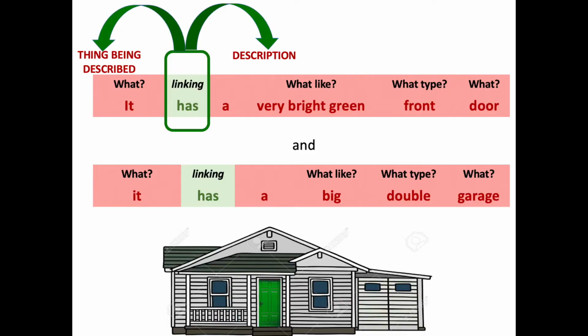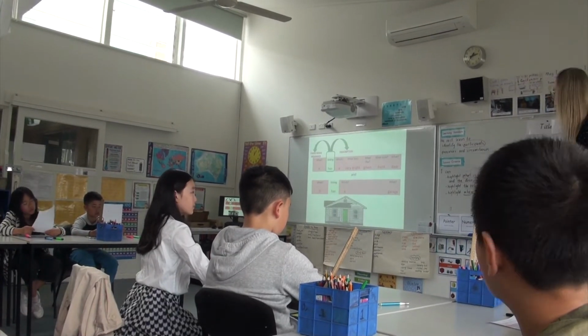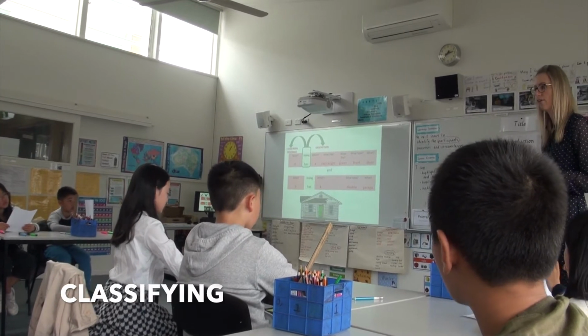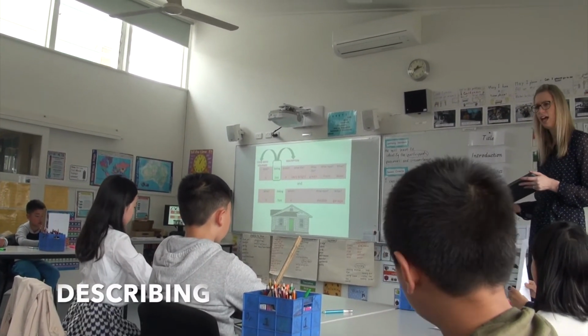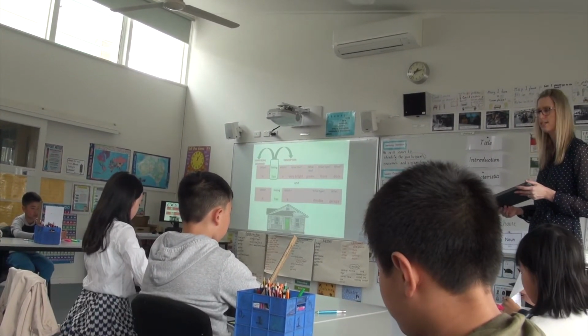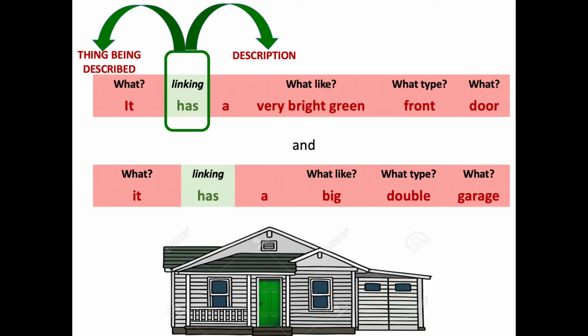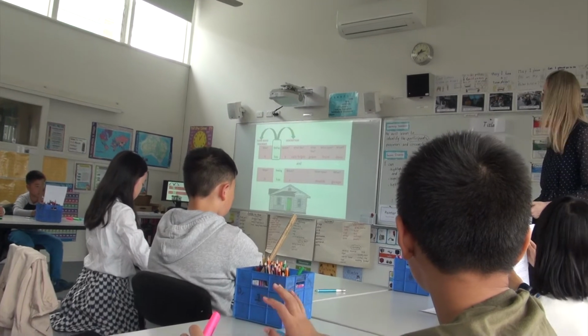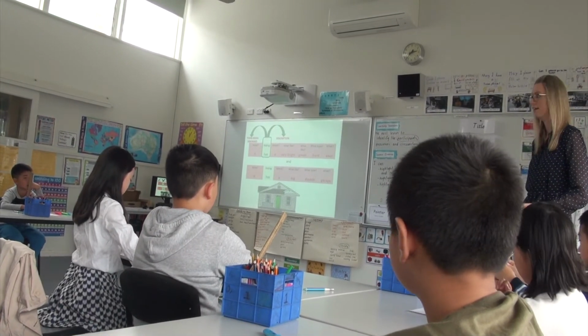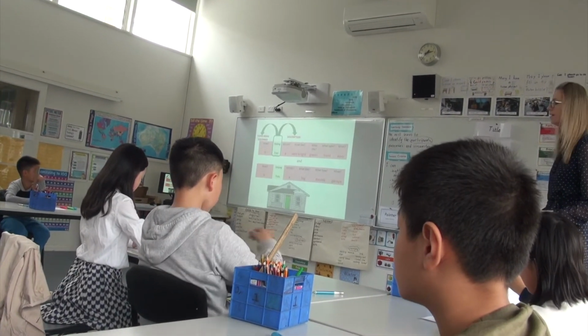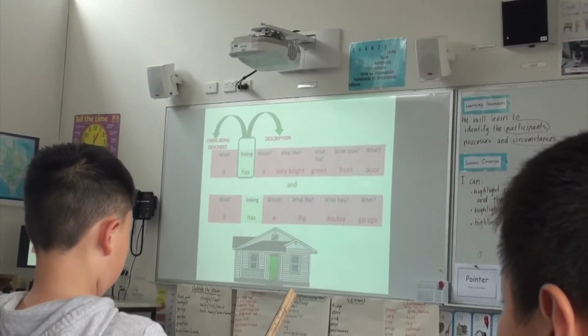Yuan, what type is it? Double. It's a double garage. And what's it like? What is the garage like? Ling? Big. So it has a big double garage.